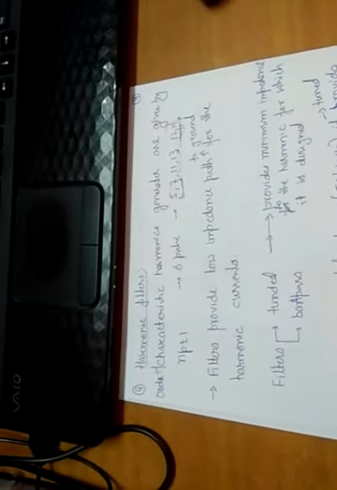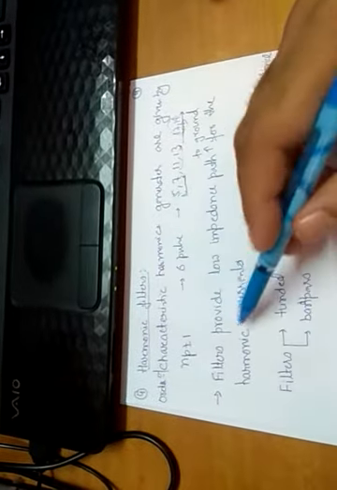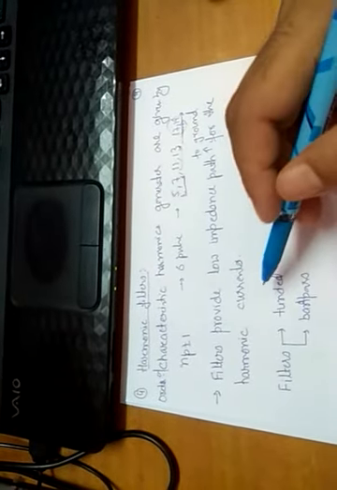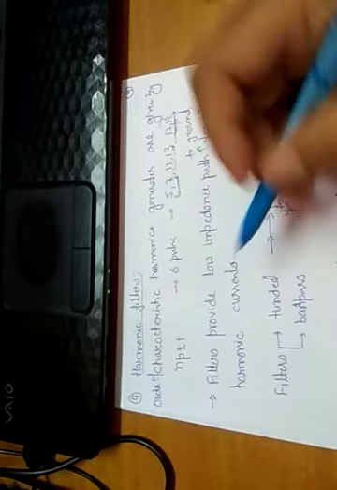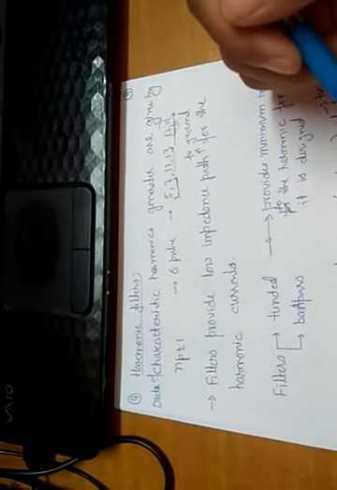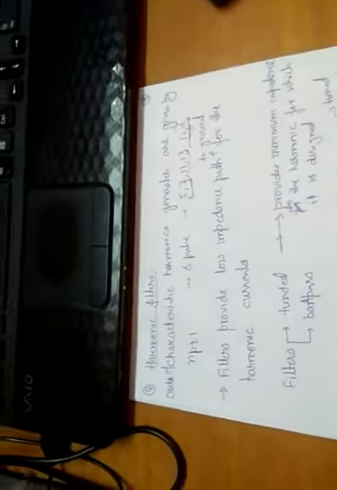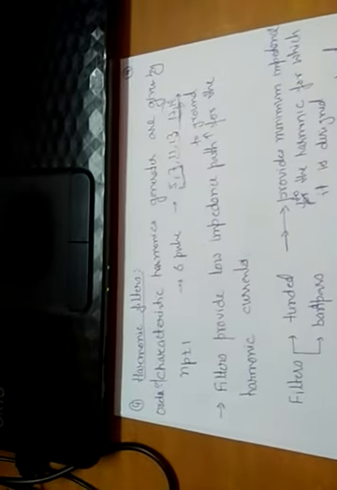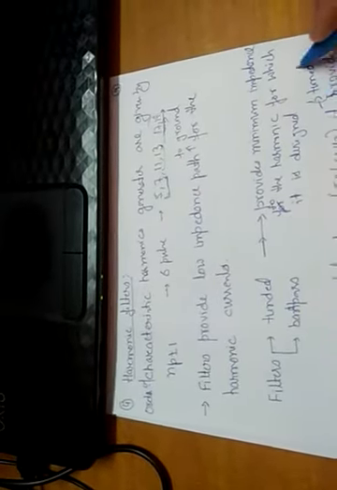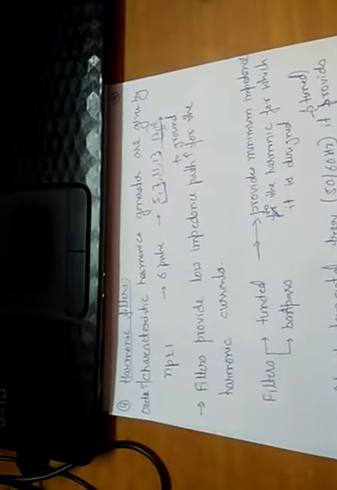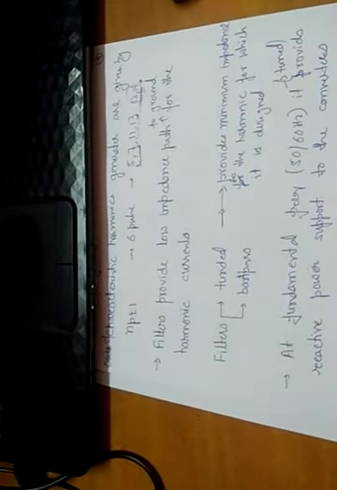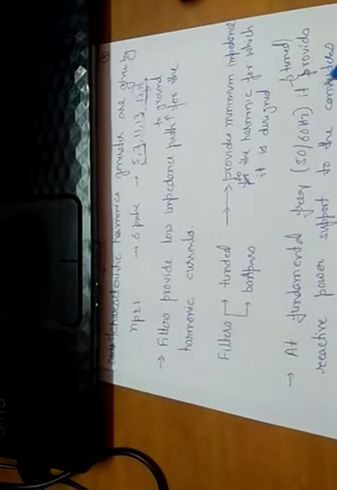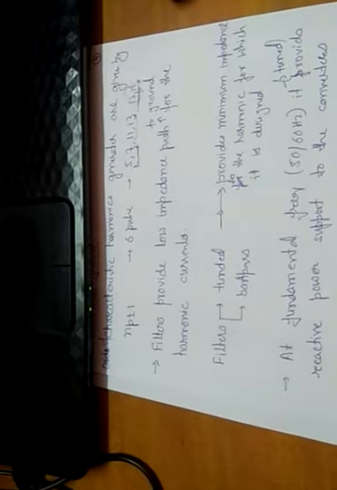At fundamental frequency, suppose 50 hertz or 60 hertz, these tuned filters, apart from removing the harmonics, also provide reactive power support to the converters. The filters are connected at the converter terminals because we don't want the harmonics to enter into our AC system.